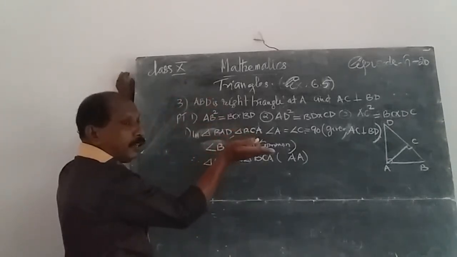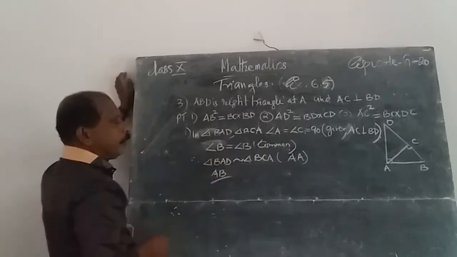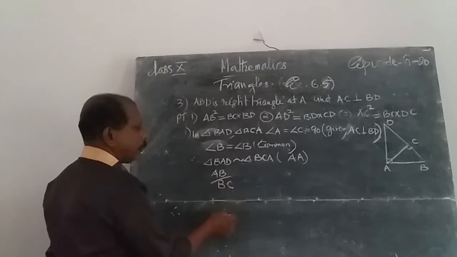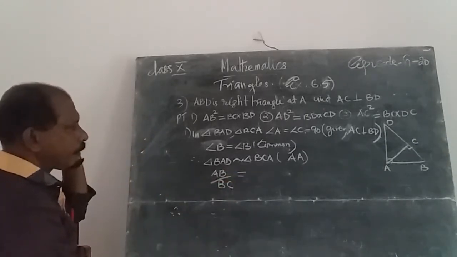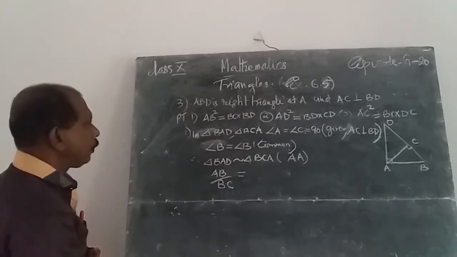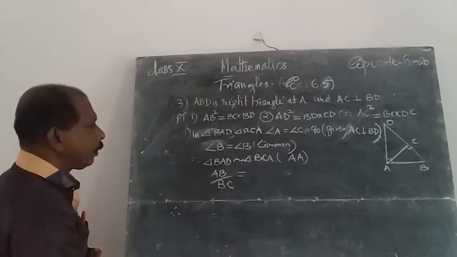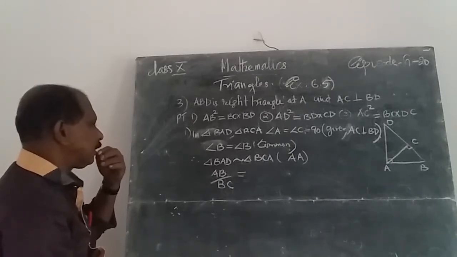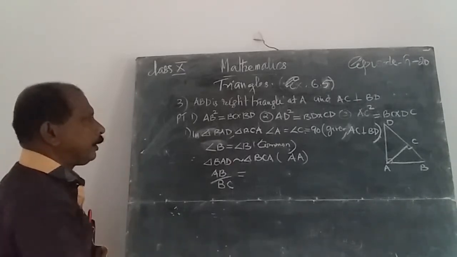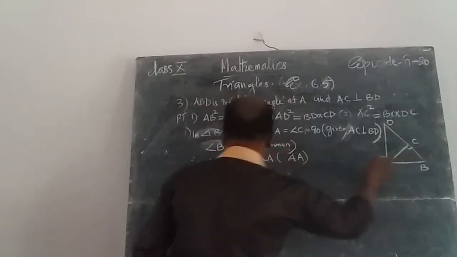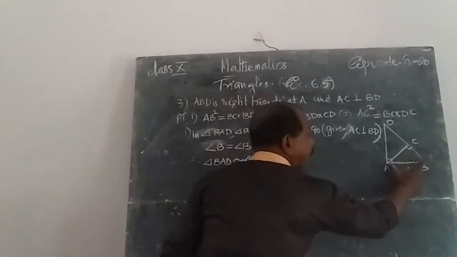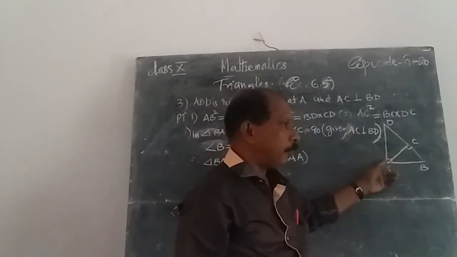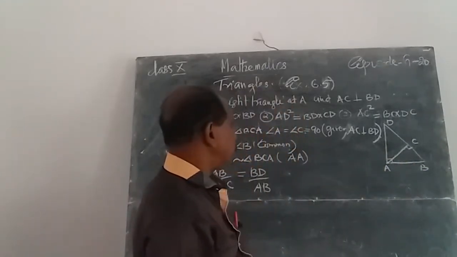The base of the larger triangle is AB, and the base of the smaller triangle is BC.